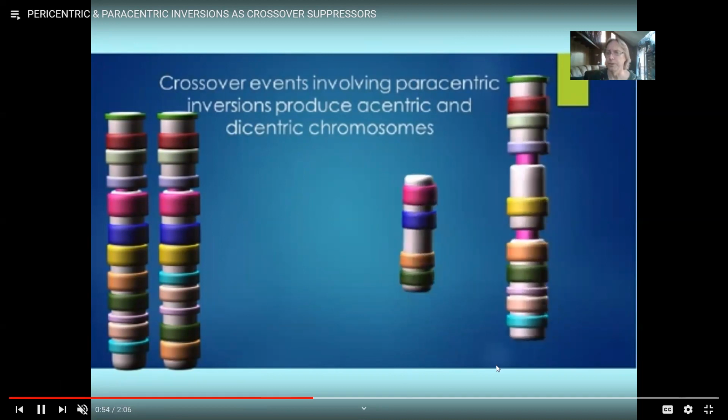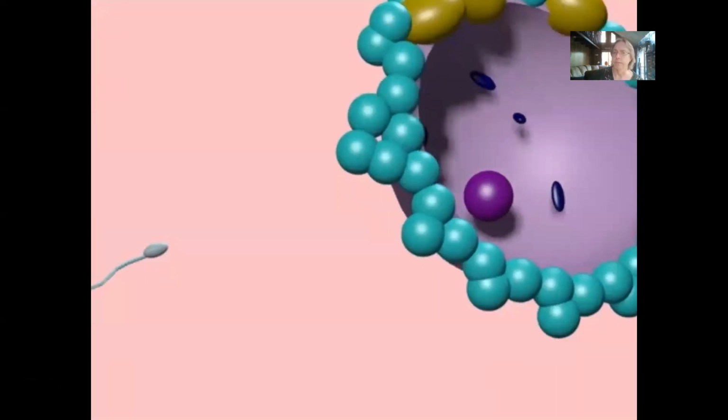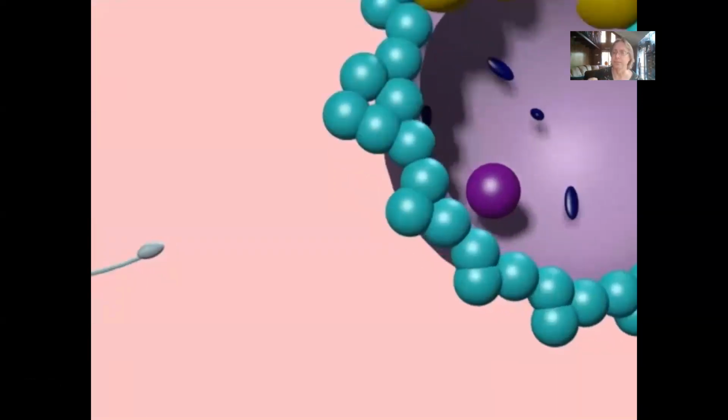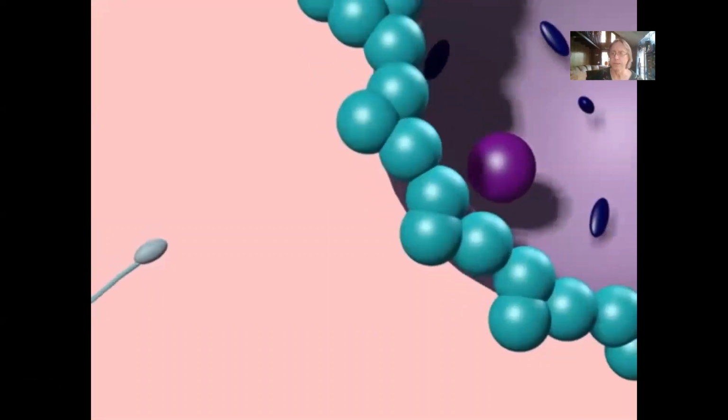And so when there are inversions, an individual might be fine, but when they try to make gametes, they would produce many gametes which would have deletion chromosomes, duplication chromosomes, acentric fragments which get lost, or dicentric chromosomes which get ripped apart. And so this would be a common cause of miscarriage.